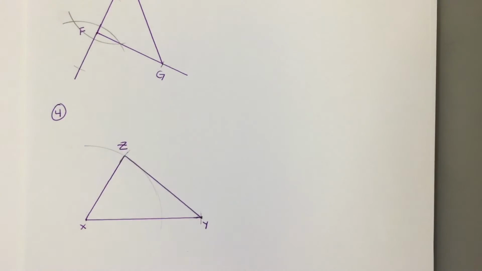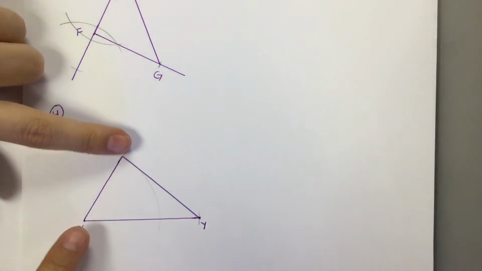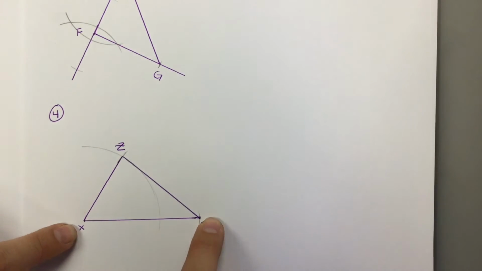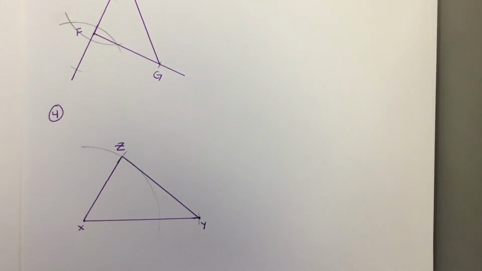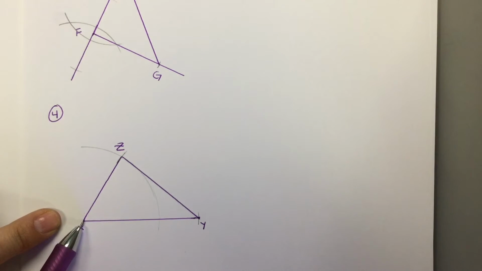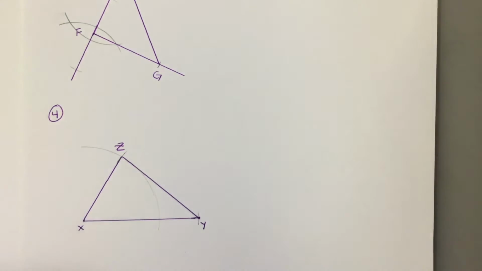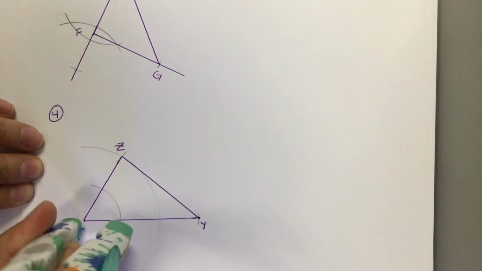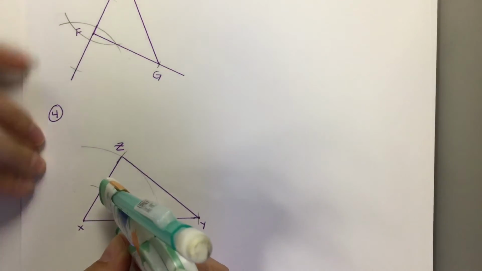And we have triangle XYZ, where we have the length AB, PQ, and RS. For part A, it says construct angle bisector ray XQ. So that means that the ray has to start at X and go through point Q. So I want to bisect the angle at X. I'm going to put my compass point on X, draw an arc across, and then bisect the angle.